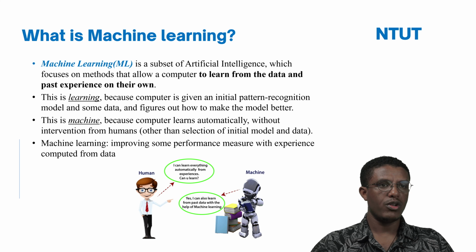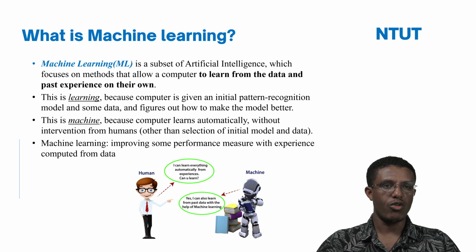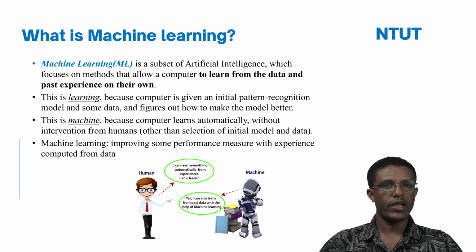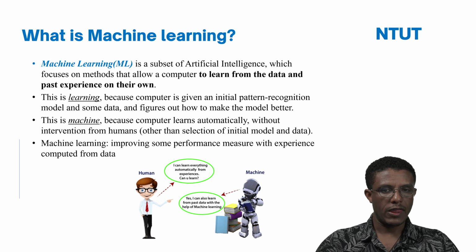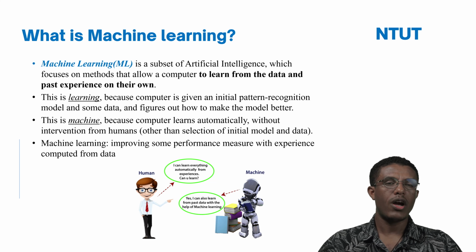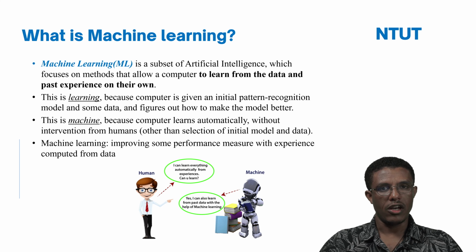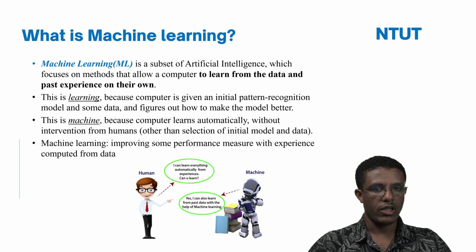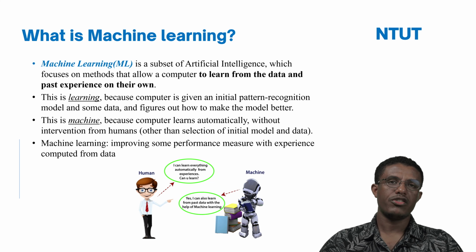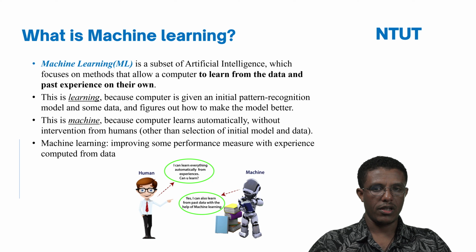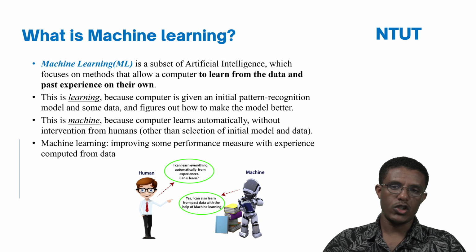For example, if we want to learn from data generated from an experiment, we can give that data to the model, and the model tries to understand the data, learns from it, and understands the future, and also learns from past experience. That is the general definition of machine learning.